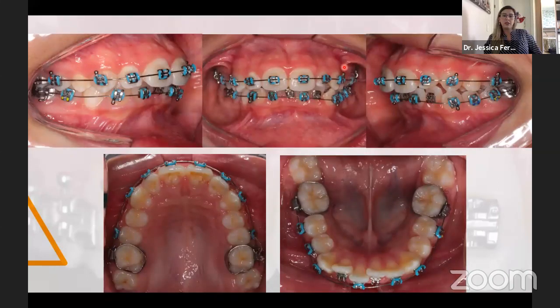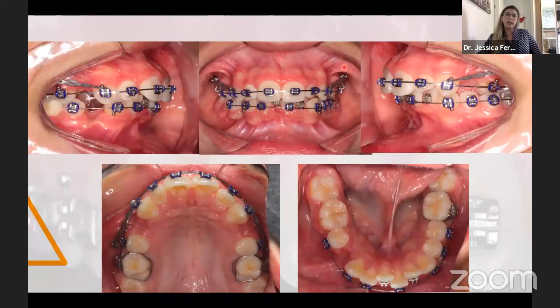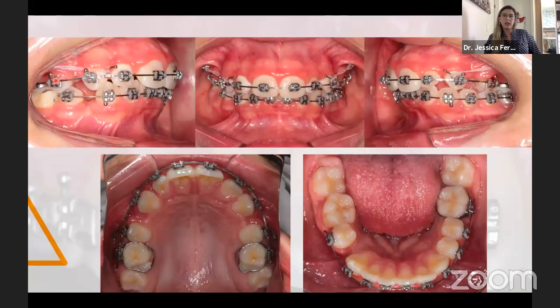We bonded the fixed appliance and installed the mini screws for retraction, closing the space of the extractions.